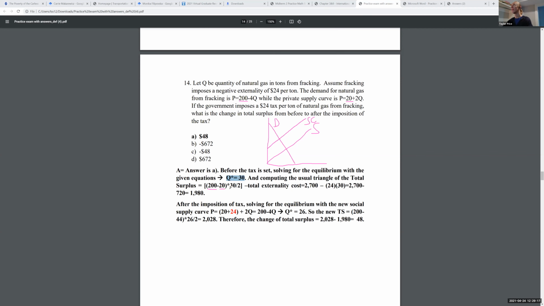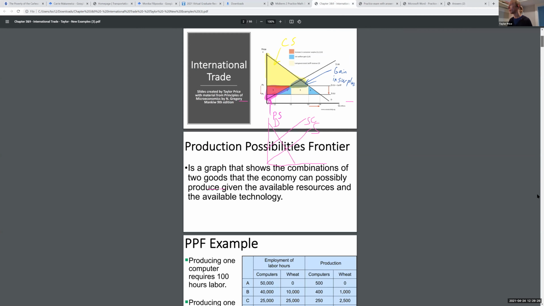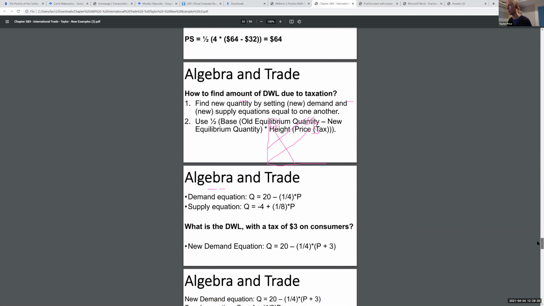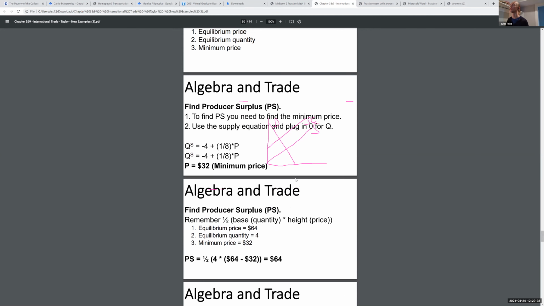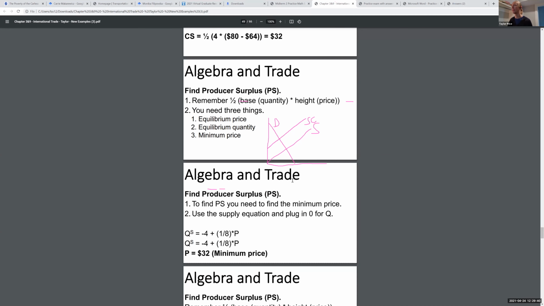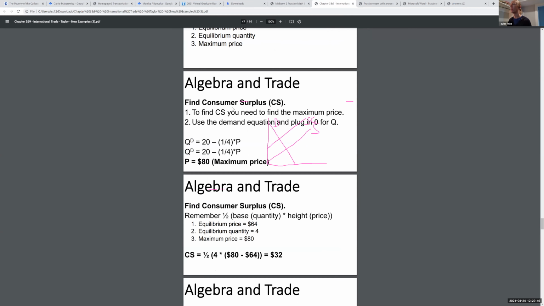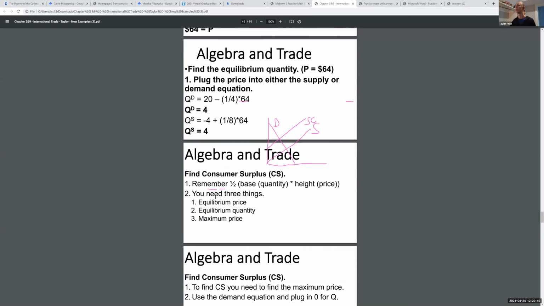But once again, you can do this most of the time, but the way I would usually suggest doing it is this. Normally I included in chapters 3 and 9 the process steps for it. Personally, for consumer surplus, you need three different things: the equilibrium price, equilibrium quantity, and the maximum price.